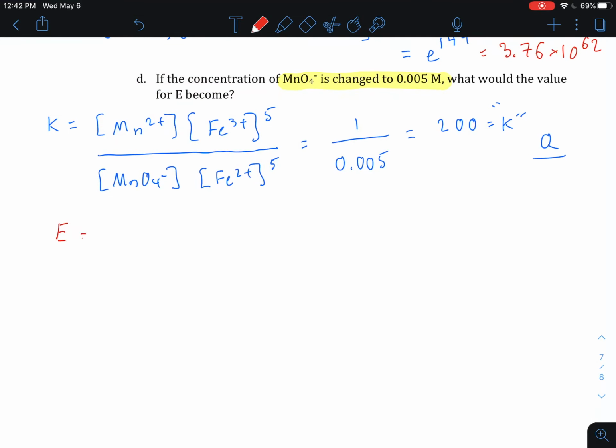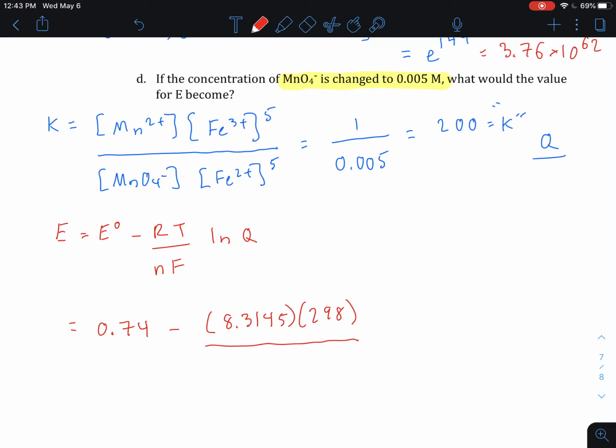So now that we have our Q value, we're ready to use the Nernst equation. The equation just says E, the non-standard voltage, equals E naught minus RT over nF, natural log of Q. So I'll need my E naught value from the previous step, which was 0.74 volts.